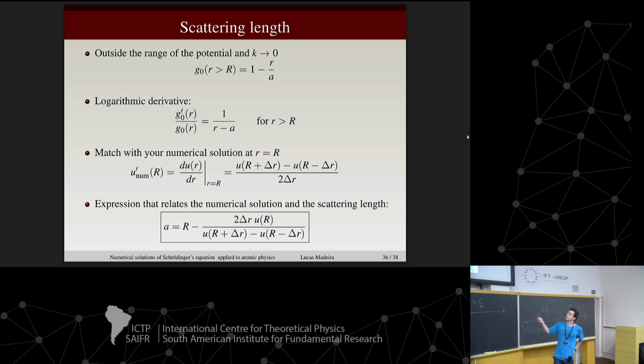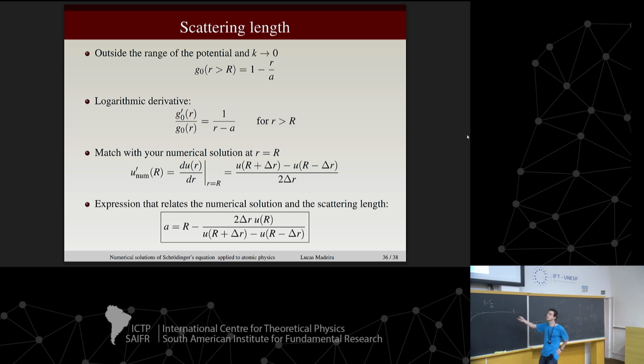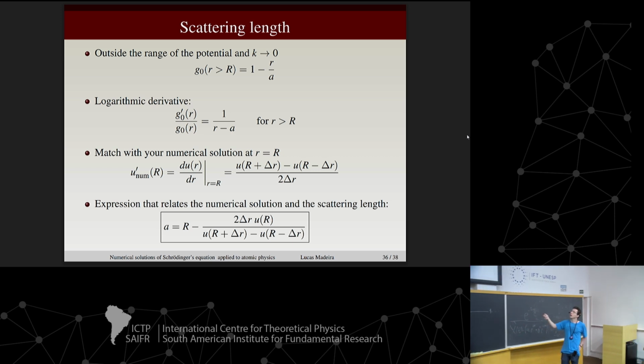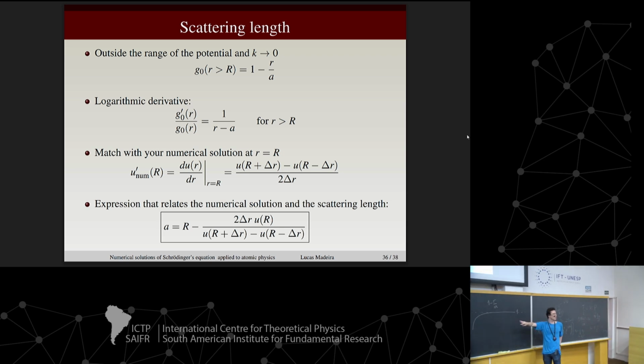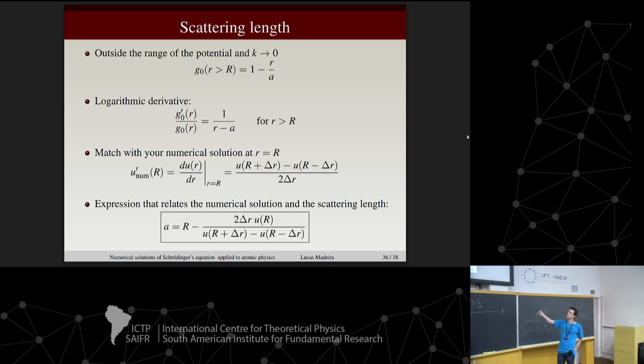We know from the analytical solution outside of the range of the potential, remember this thing here that we were talking about, that this gives us the scattering length. It's encoded in the behavior of the wave function outside of the range of the potential. If I consider the logarithmic derivative, I get this.